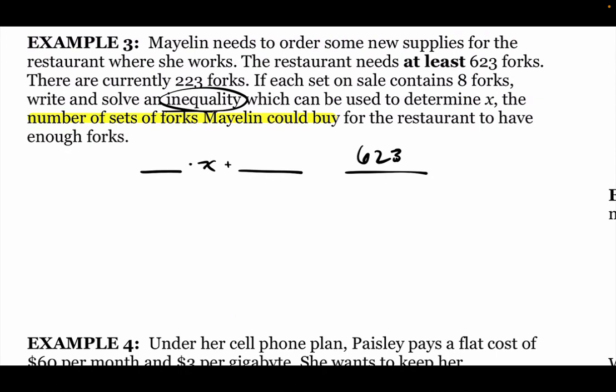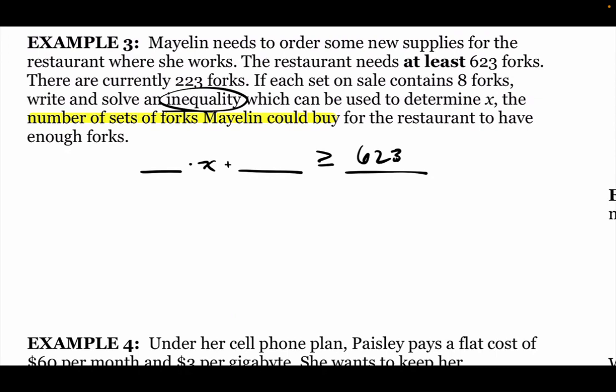Greater than or equal to. At least is a word that goes with greater than or equal to. What's the opposite of at least? At most. At most is going to be the opposite. Less than. That's another big one they throw. At least and at most.